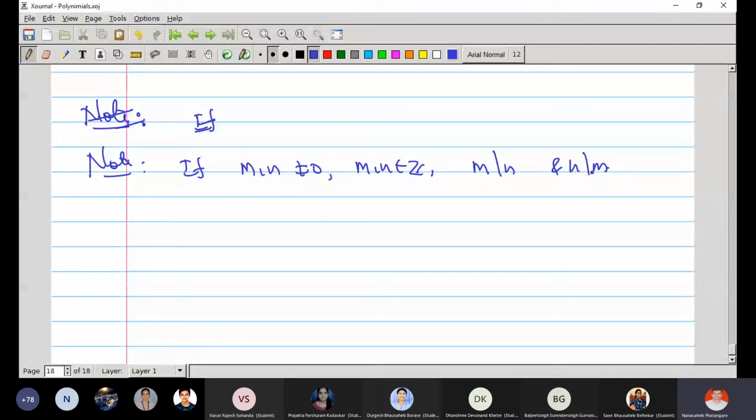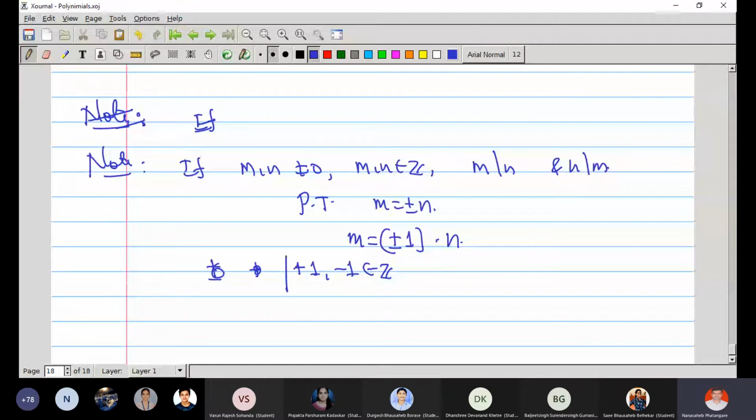That means they just change in sign, then only two integers divide each other. And actually m is equal to plus minus 1 times n. And what is plus 1 and what is minus 1? In case of integers, what is the speciality, what is the property of plus 1 and minus 1?